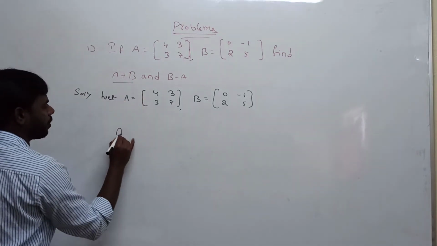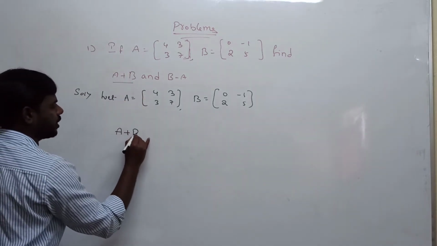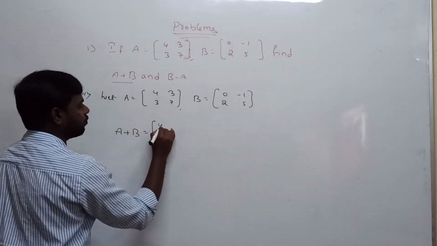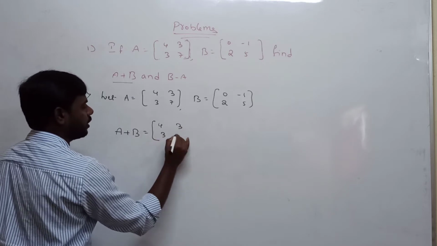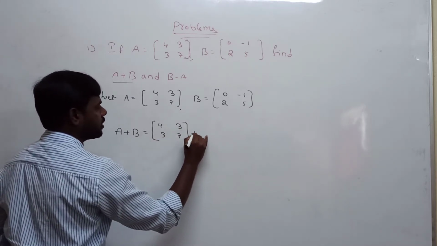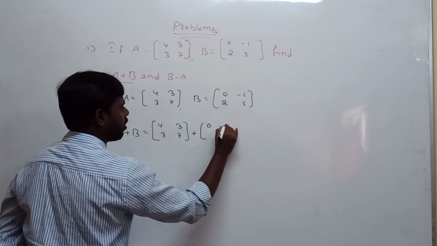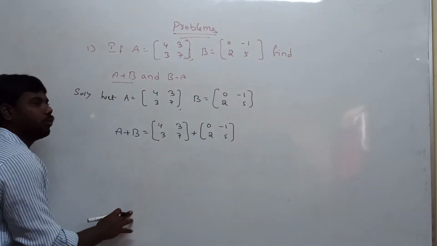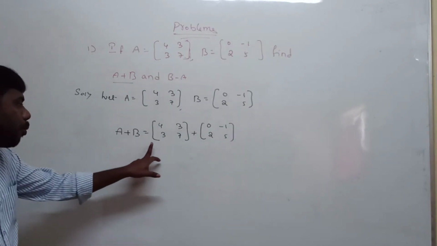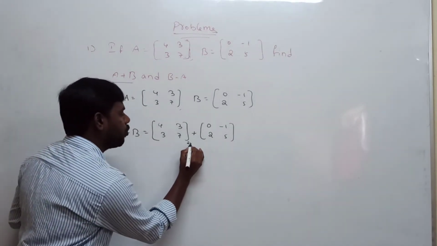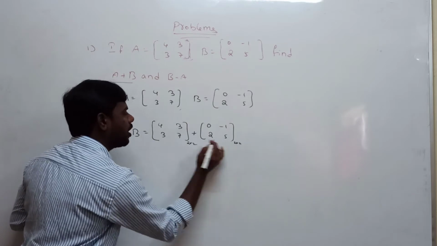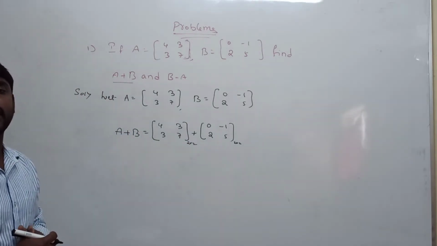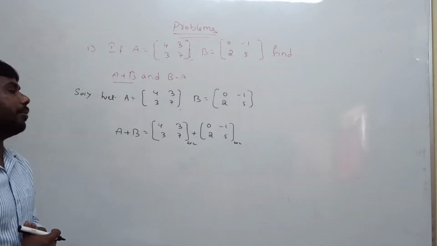Find A plus B. A plus B is equal to, substituting the A matrix and B matrix, [4 3; 3 7] plus [0 -1; 2 5]. How do we add two matrices? Both must be of the same order, and the sum is also of the same order. It is obtained by adding the corresponding elements.